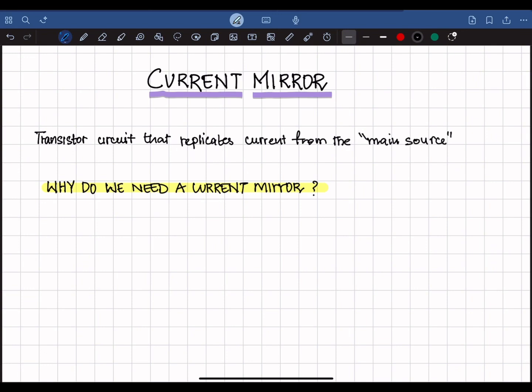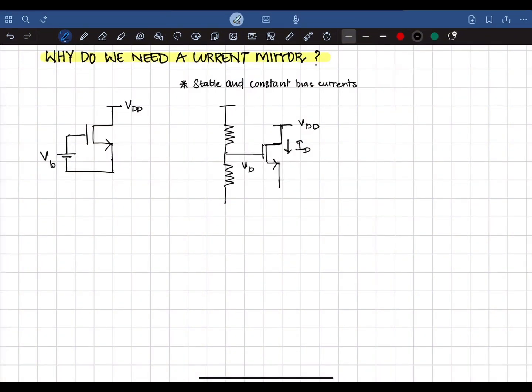A current mirror has a lot of advantages, but one of the main uses of a current mirror is setting up a stable and constant bias current for the active devices. If all we need is a bias current, we can generate a constant bias current by using a constant battery source or through a resistor divider.